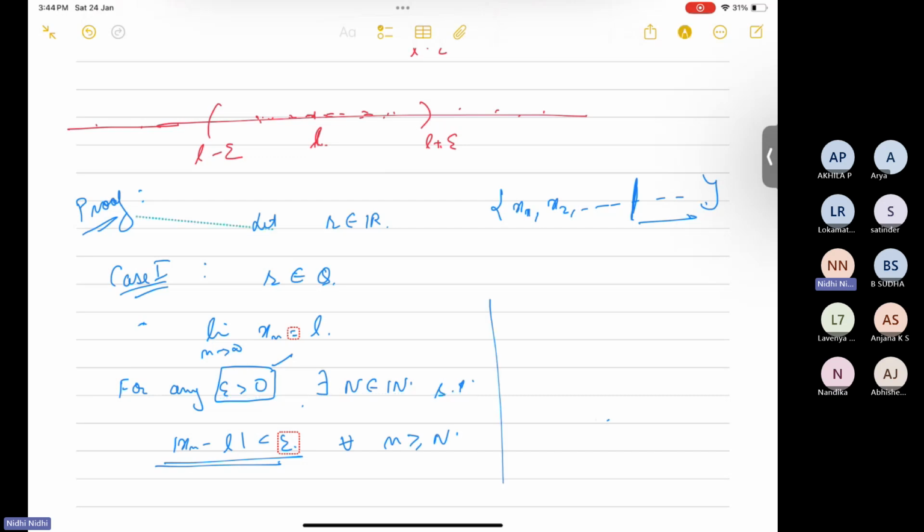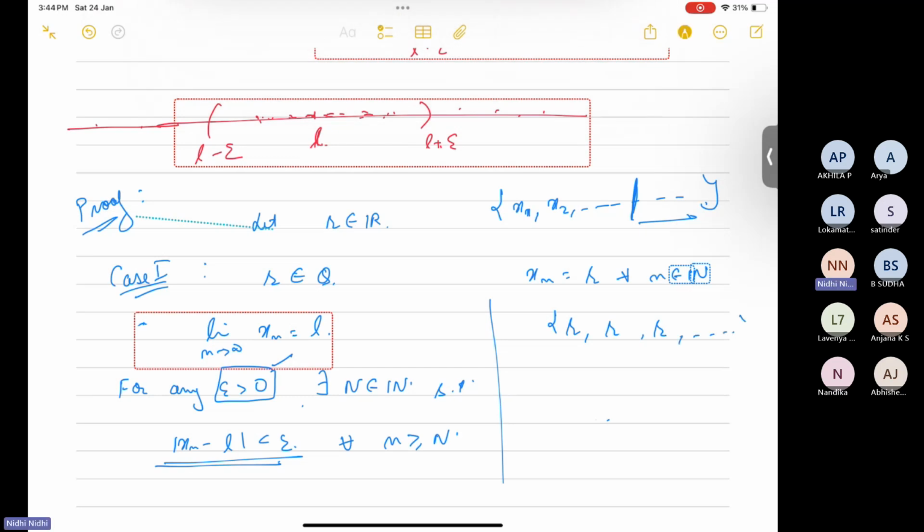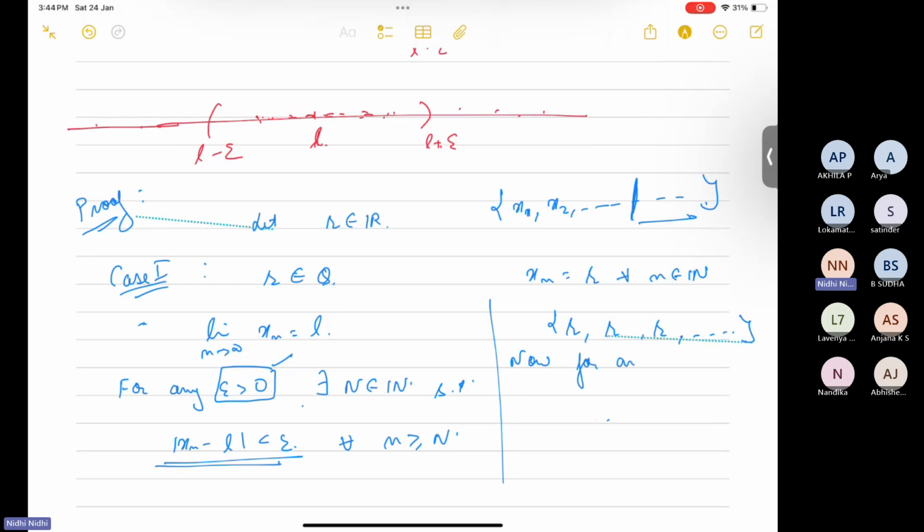Now here I am saying we define the sequence xn to be equal to R for every n in N. That means our x1 is R, x2 is R, x3 is R and so on. Each element is equal to R. Now you give me any epsilon positive. For any epsilon positive, what will be |xn minus R|? This will be R minus R because each xn is just R. So this is 0.